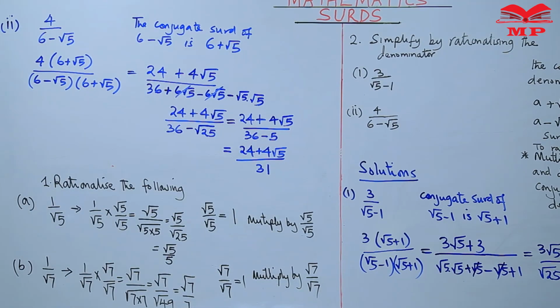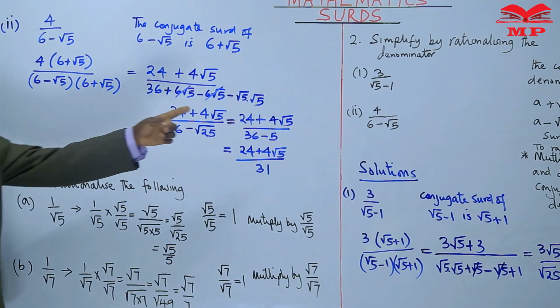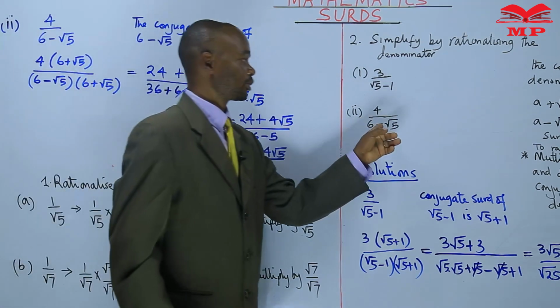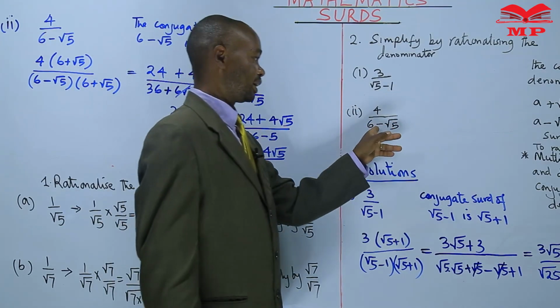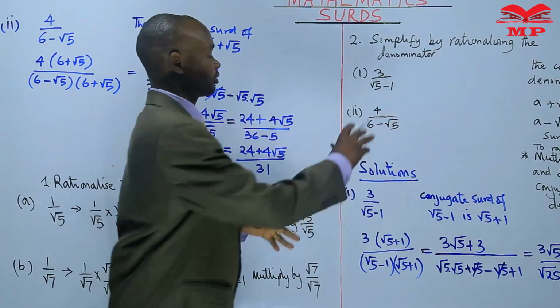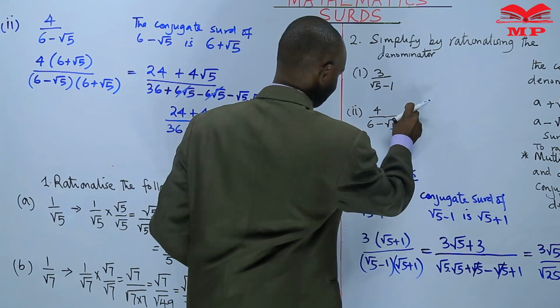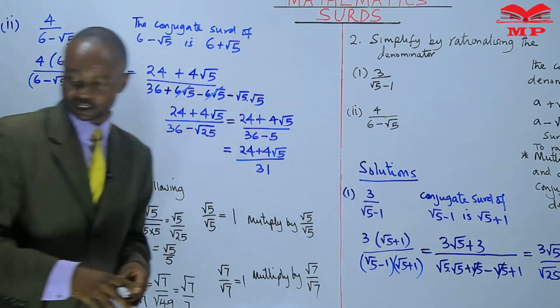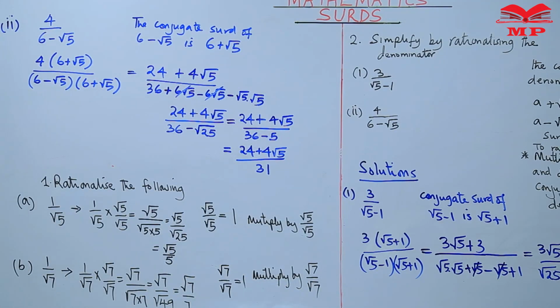That gives us our answer. So in such a case, you look for the conjugate surd of the denominator and multiply it by both the numerator and the denominator.